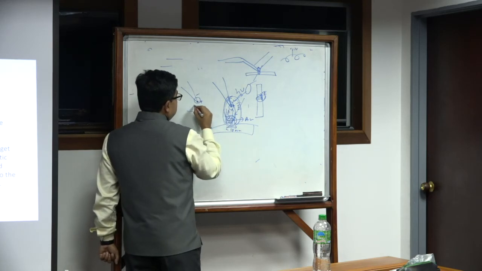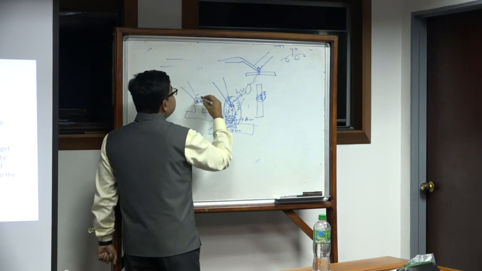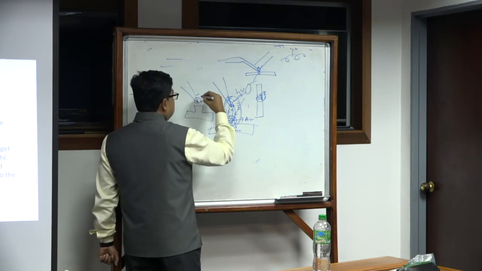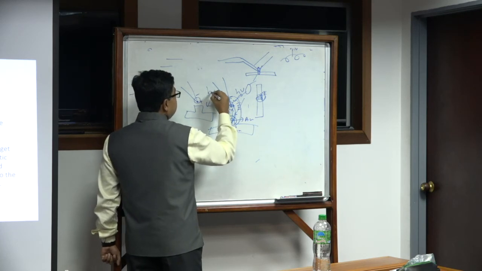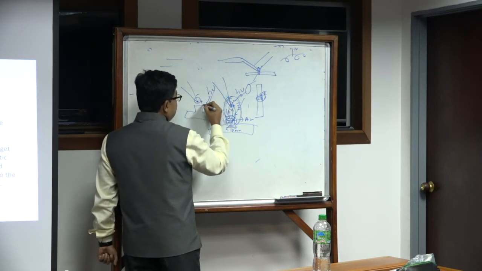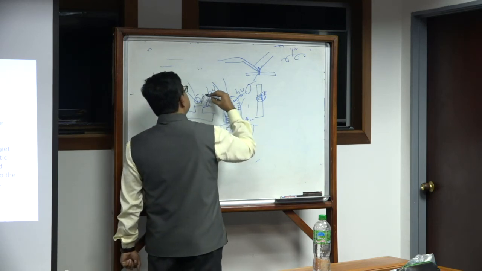So now your incident photon is getting re-radiated, because this oscillation of the dipole here is at the same frequency as your incident light. It is oscillating at the same frequency because it is driven by the same E field, right?